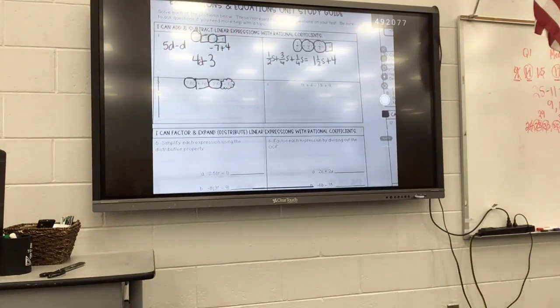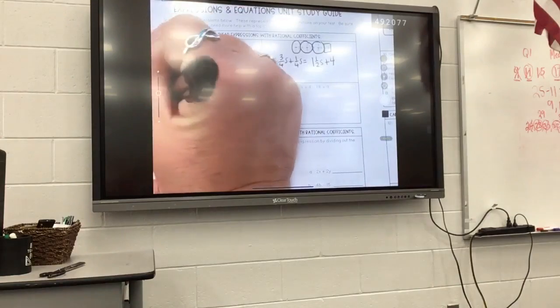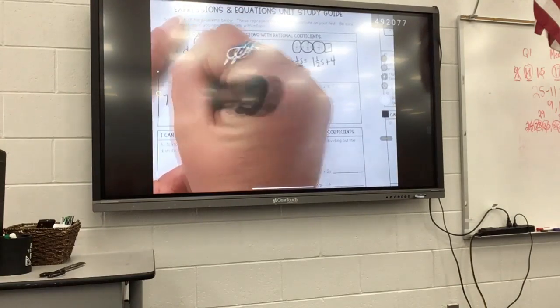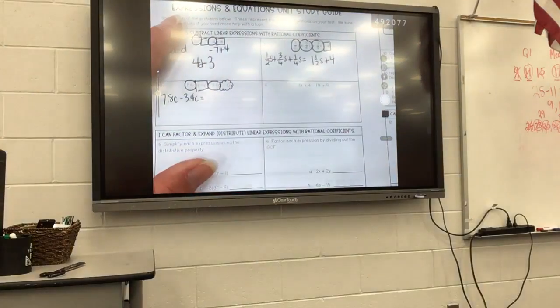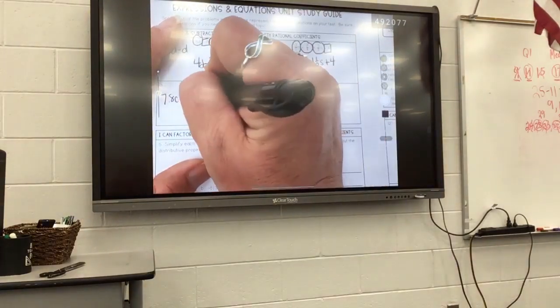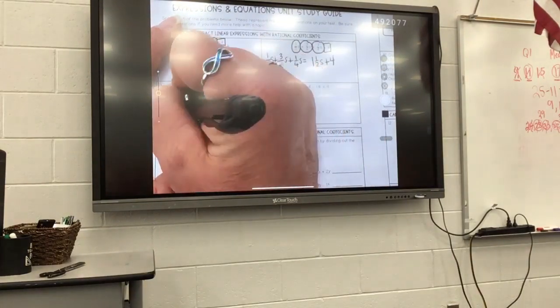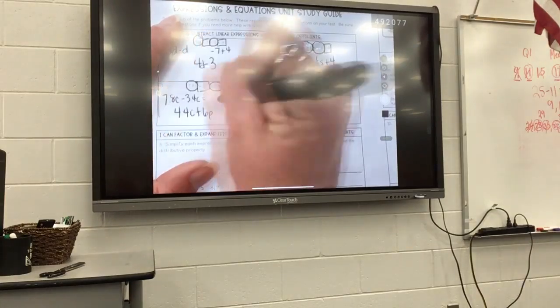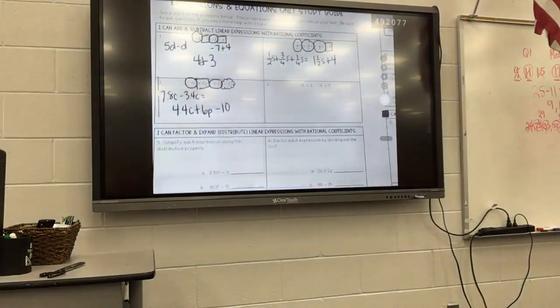Why can't they be combined? Charles? Because 6p has a variable and 10 doesn't. Right. So we have 7 and 8 tenths c minus 3 and 4 tenths c. What's 7 and 8 tenths minus 3 and 4 tenths? Jeremiah? 4.4c. So 4 and 4 tenths c plus 6p minus 10.